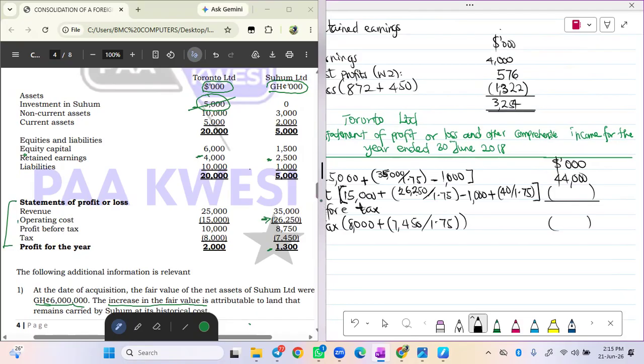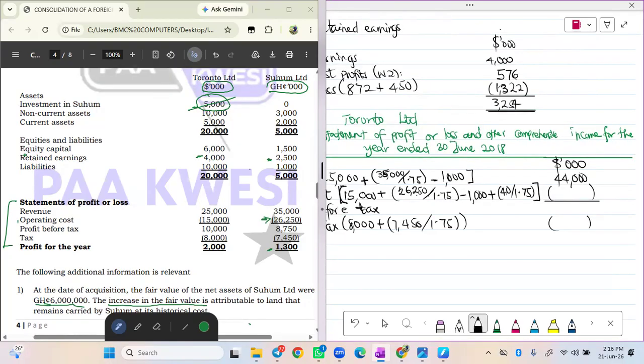It's 51,000. This one is not 40,000. We are dropping three zeros, so this one is 40 and this one is 15,000. So 40, not 40,000.